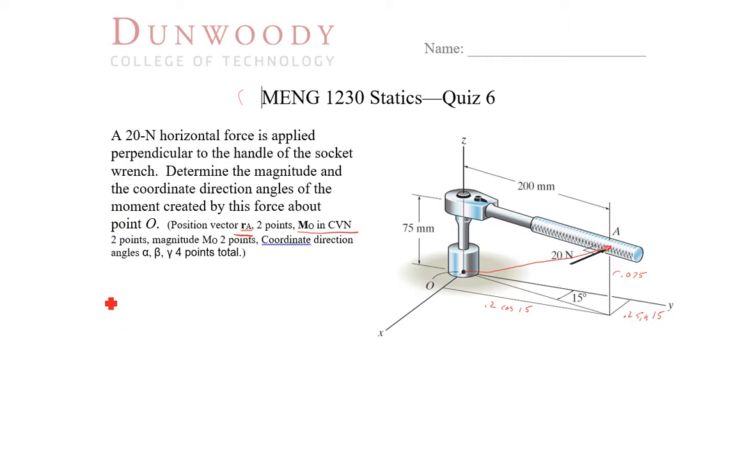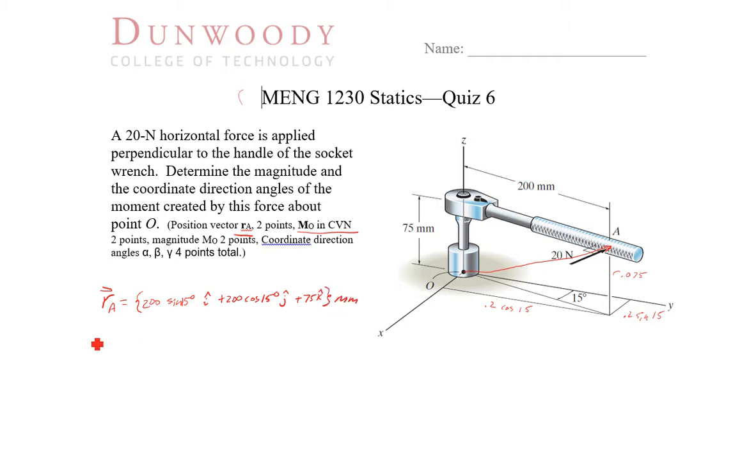Alright, so our RA, if we keep it in millimeters, we could do it that way, or we can put it in meters. So I'm going to write it both ways. 200 sine 15 degrees in the I direction, plus 200 cosine 15 in the J direction, plus 75 in the K direction.